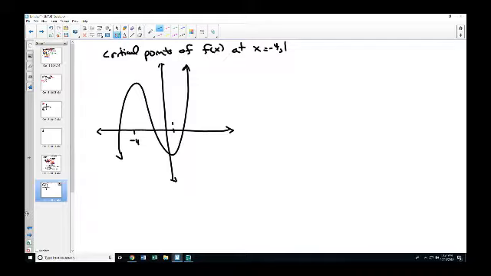I did not give you the y values, correct? Where is f of x decreasing? See if you can answer that. It's an interval.